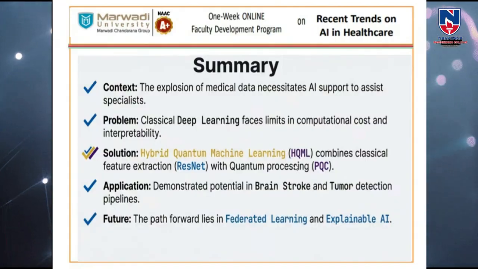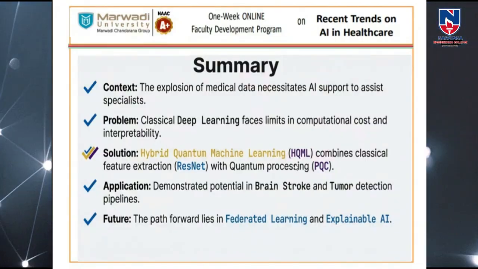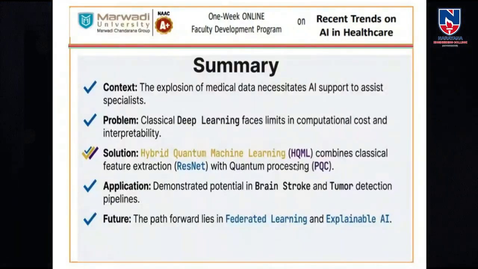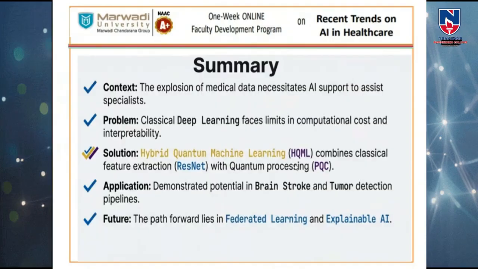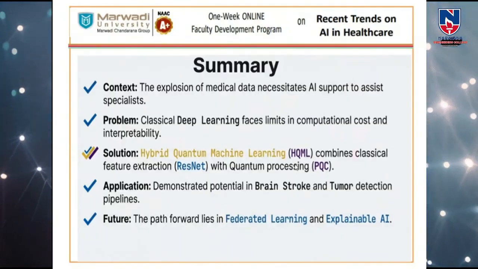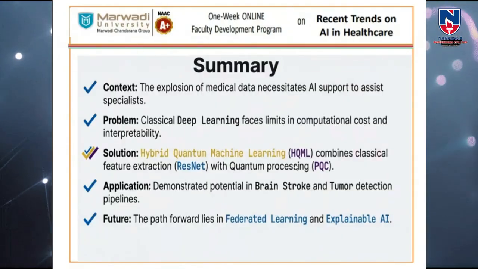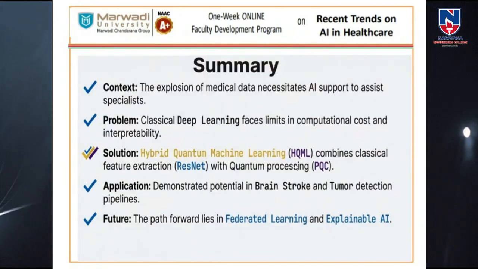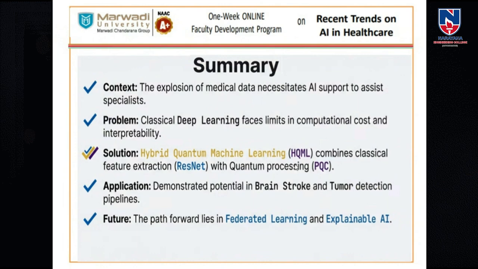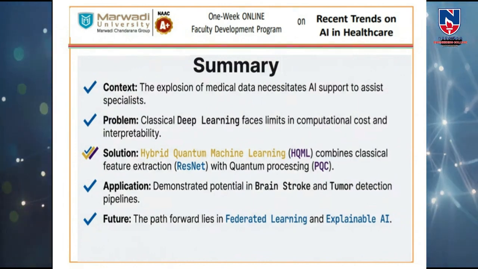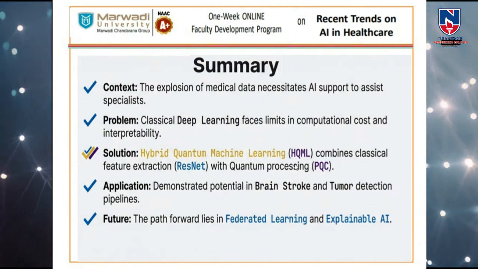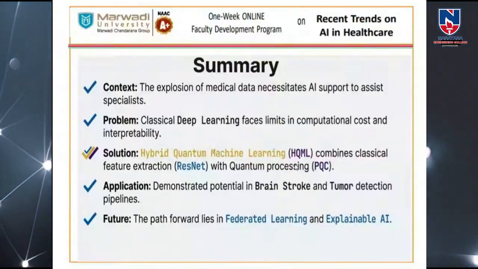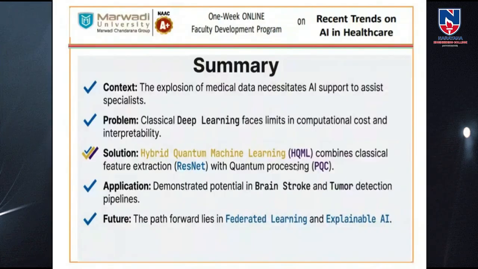The solution I proposed is hybrid QML, which combines classical feature extraction with quantum processing. The case study we discussed is the application to brain stroke and tumor detection pipelines. The future focus is explainable feature learning and explainable AI.